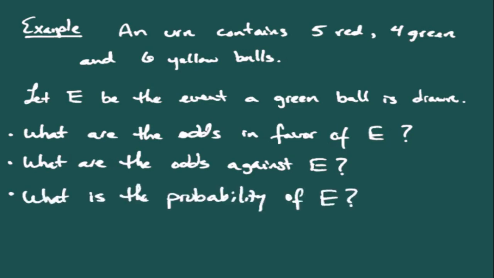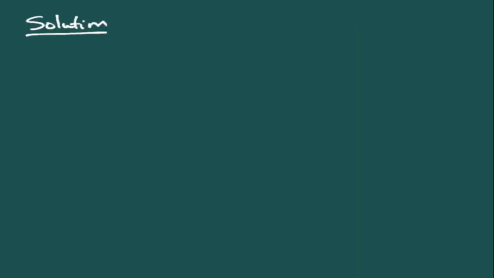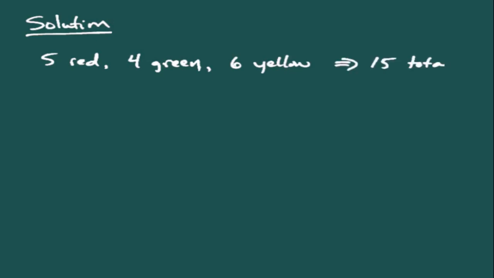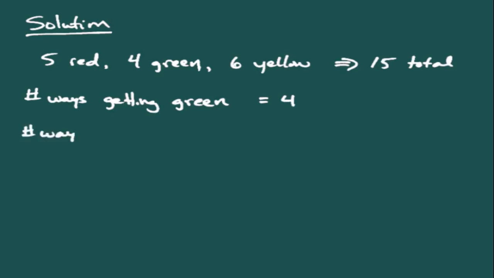And so the solution, we know that we've got 5 red, 4 green, and 6 yellow, which gives us a total of 15 balls in this urn. So the number of ways of actually getting a green ball is going to be 4, because we've got 4 green balls. The number of ways of not getting a green ball, well, there are 11 in there that are not green.